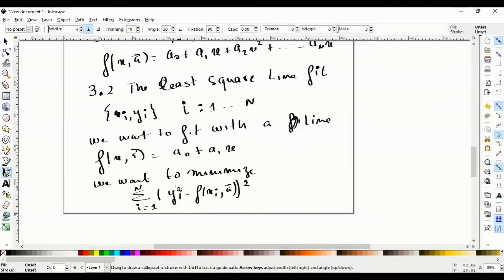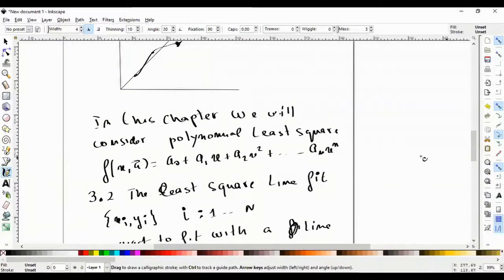So the difference between yi and the function f at the point xi, squared, is what we want to minimize. Minimizing the absolute value or the square value of the residual is the same thing, but taking the square will enable us to get an analytical formula more easily than with the absolute value.